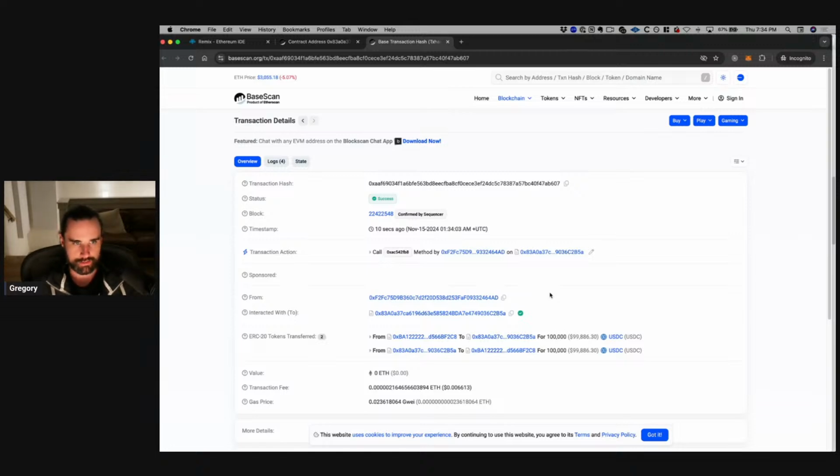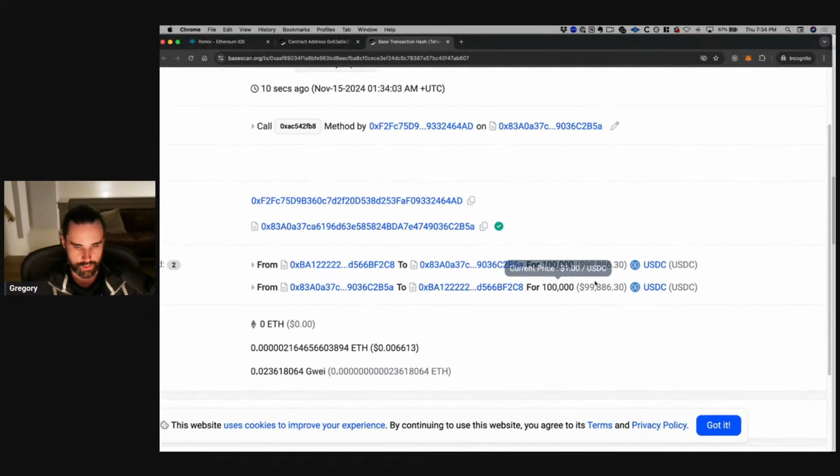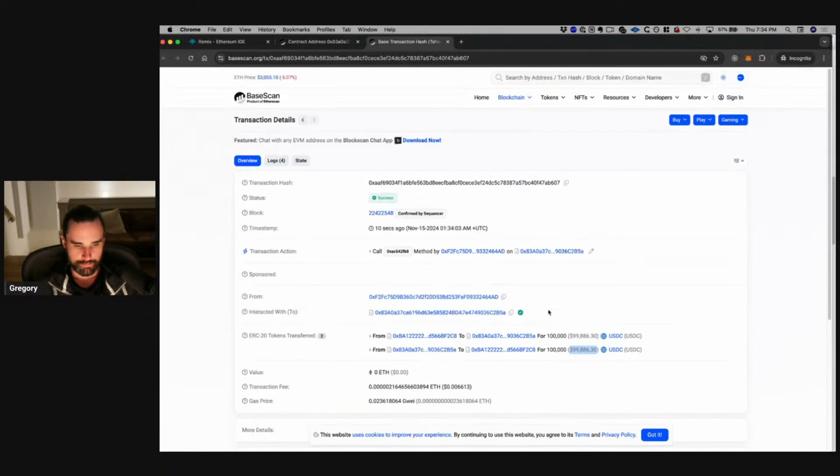That's incredible, isn't it? 100 grand. Right there. Obviously, it's not quite $100,000 because the USD peg is slightly off, but basically it's $100,000. Boom, there we go.